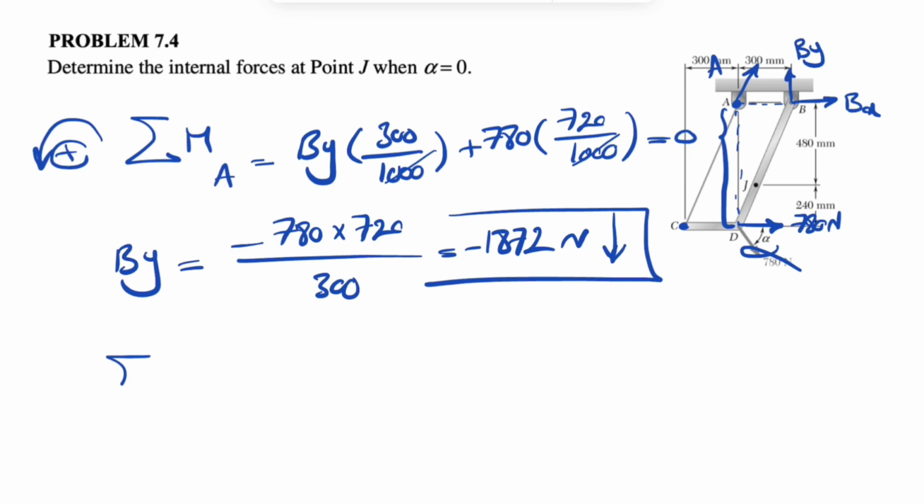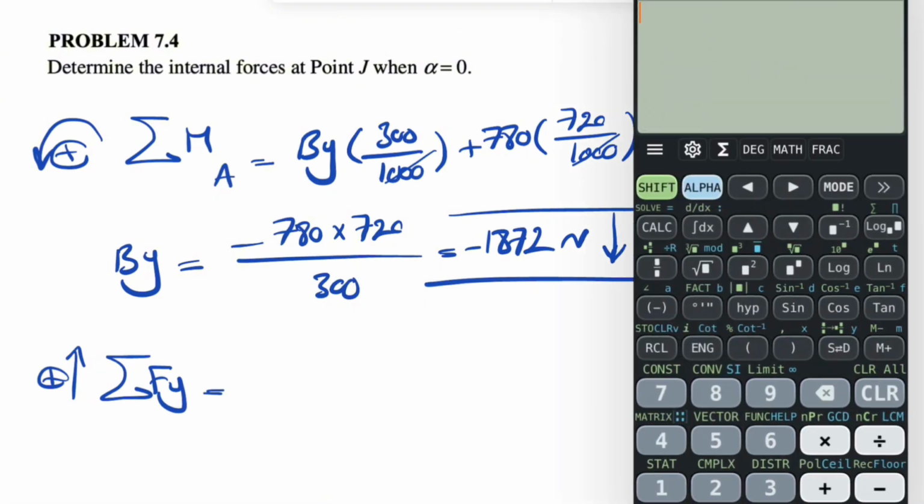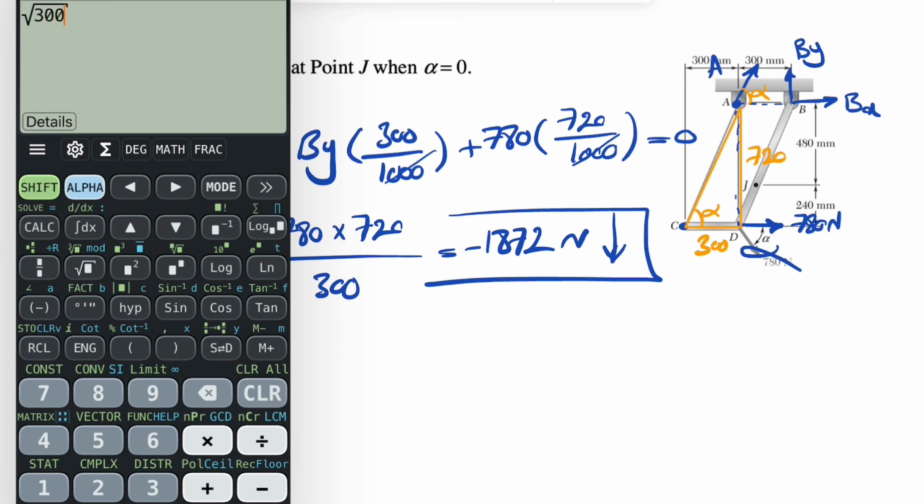This will be our positive for Y. So we're going to have the Y component of A, and in order to find that, let's call this angle here alpha, which is what we have in here. And if we want to find that angle, we have this right triangle, which has a base of 300. The other side is 720, and we can find the hypotenuse. So based on the Pythagorean theorem, we have the square root of 300 squared plus 720 squared.